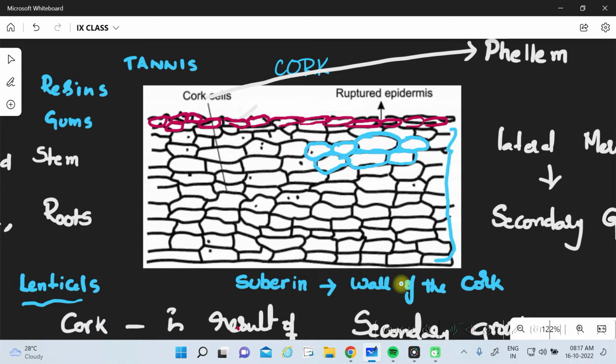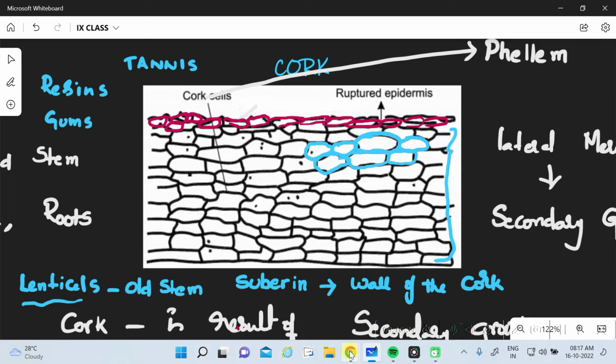Lenticels are specially loosely arranged cork tissue regions meant for the exchange of gases, and these lenticels are only present in old stems. Only in old stems will you see lenticels.